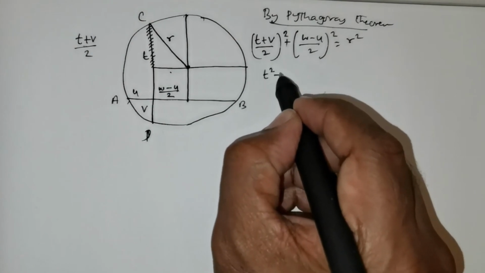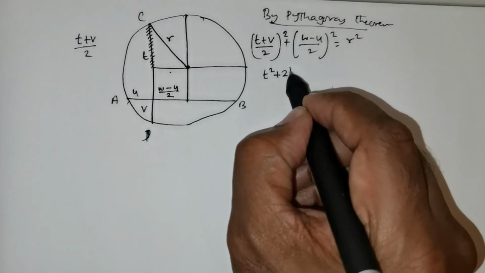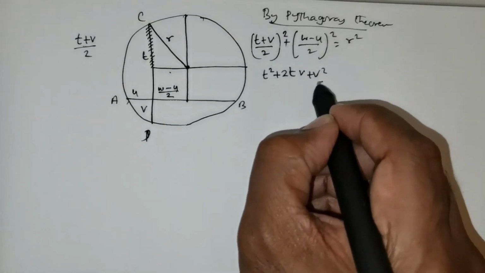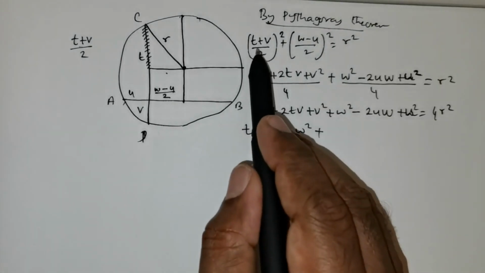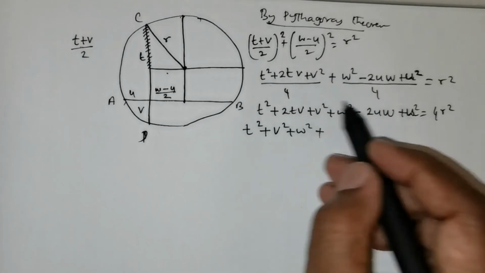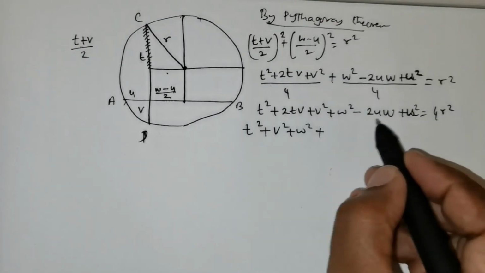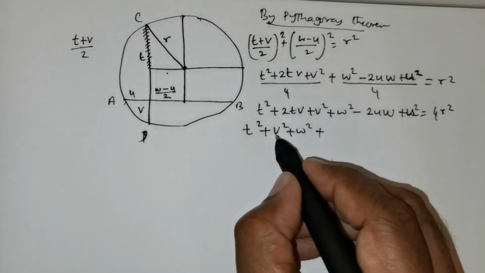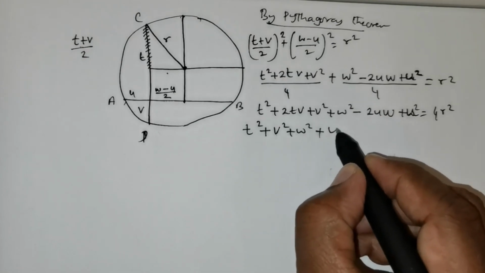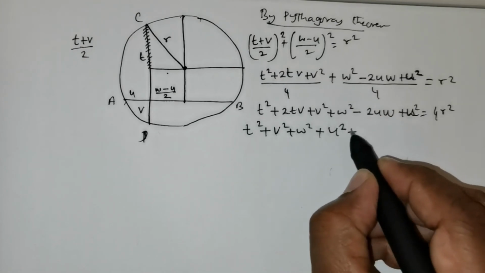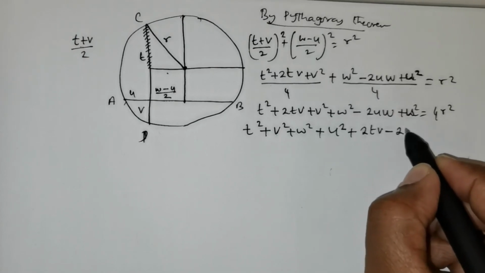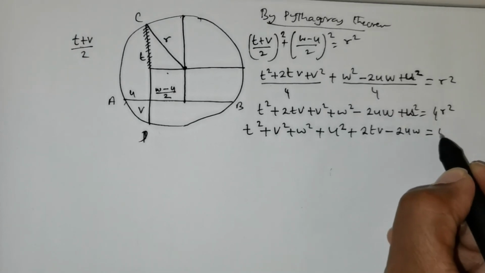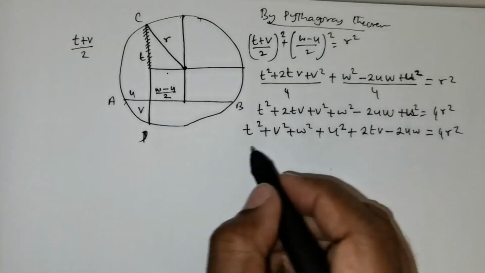So this is going to be t squared plus 2 times tv plus v squared divided by 4 plus. So if we were to expand and put them together and move the 4 out, we would now have t squared plus v squared plus w squared plus u squared plus 2 times tv minus 2 times uw is equal to 4 times r squared.